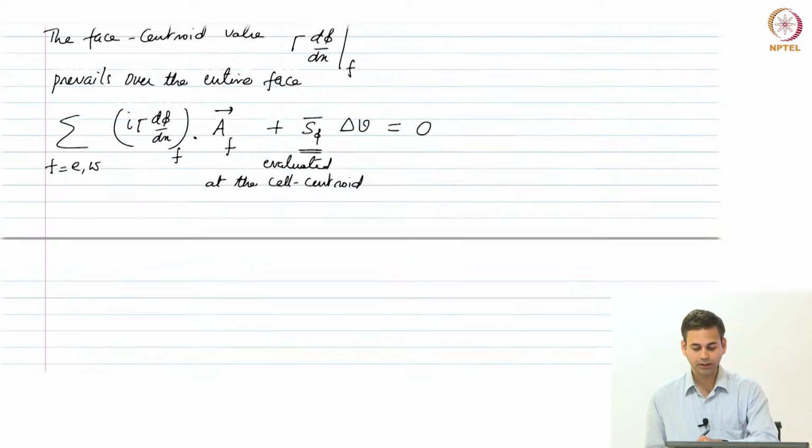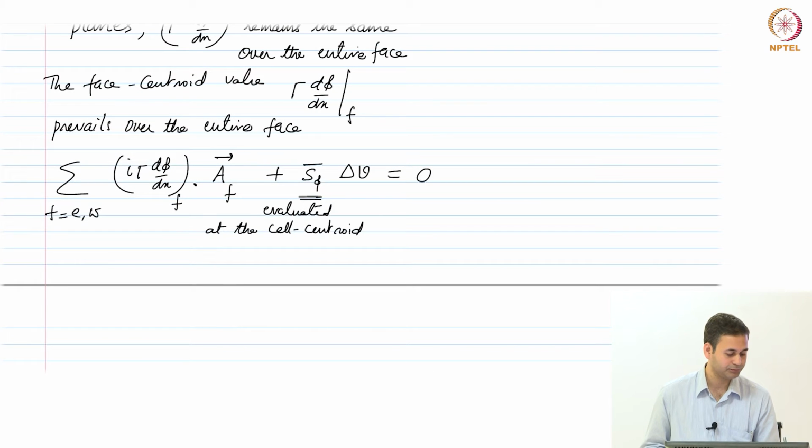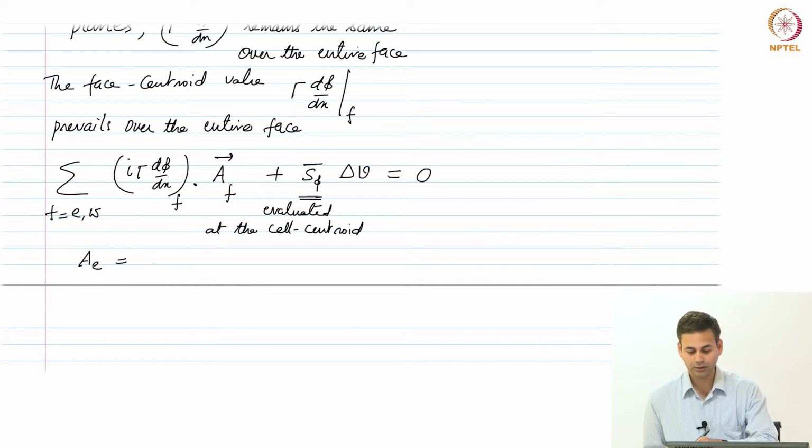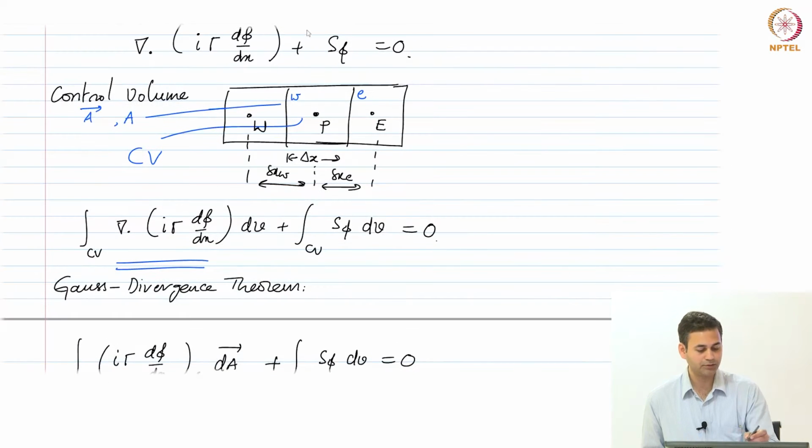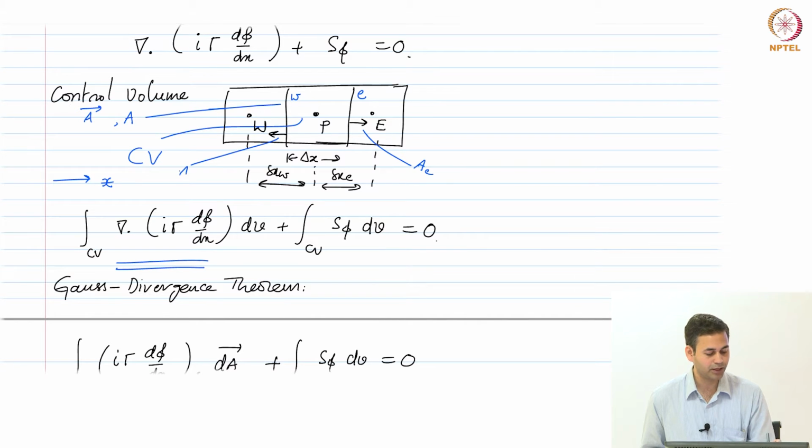Now, what are the area vectors that we have? A east is facing in the positive x direction. If we were to denote our x axis in this direction, what would be A east? A east is this way, right, and A west would be this way. So this is our A east and this is our A west.